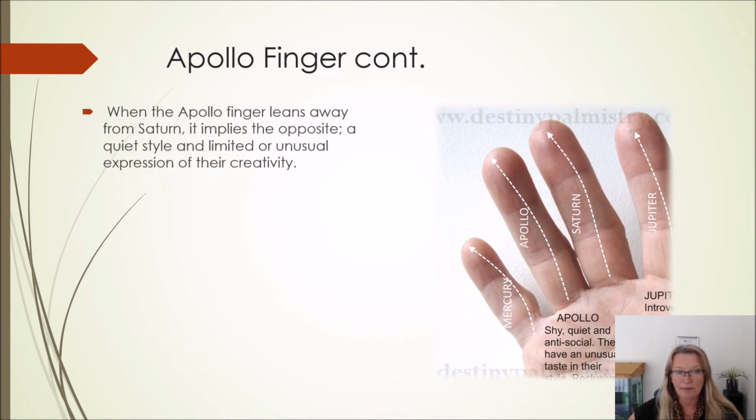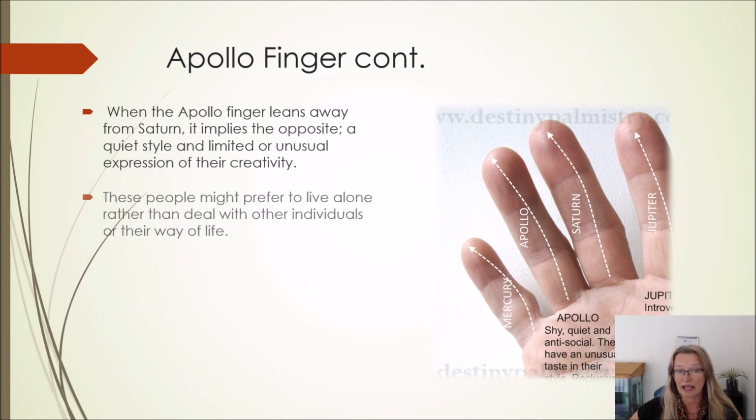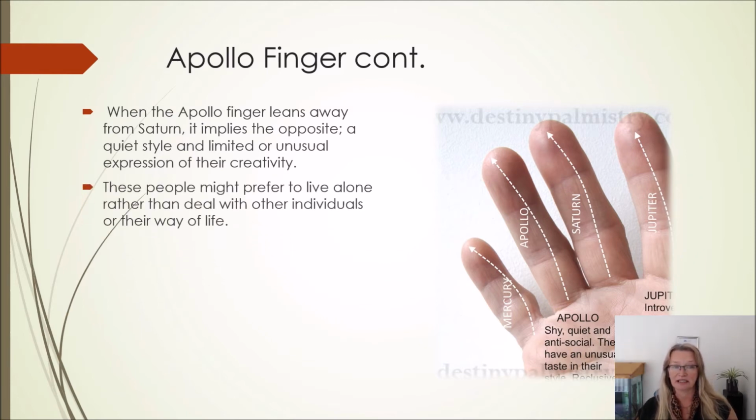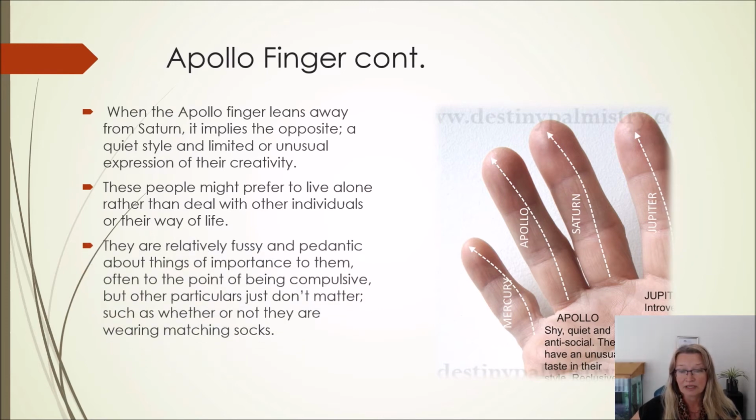So talking about that Apollo finger leaning away from Saturn, like in the previous picture, that implies the opposite, which is a quiet personality and usually limited or unusual expression of their creativity. Also, leaning away from Saturn, these people might prefer to live alone rather than deal with other people. It's a sign of more of an eccentric personality, same as the Mercury finger.